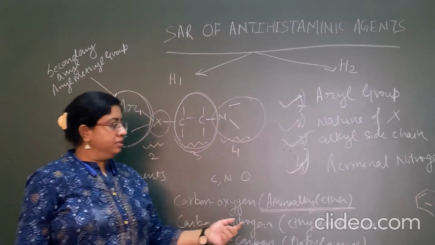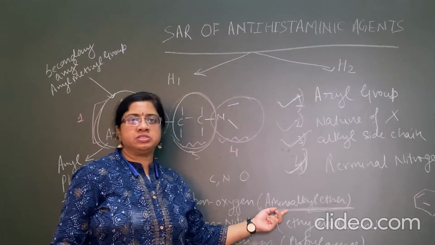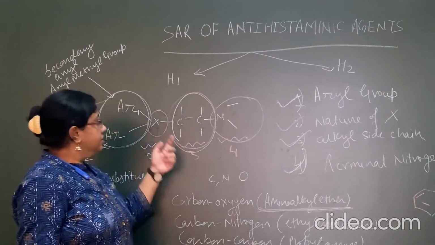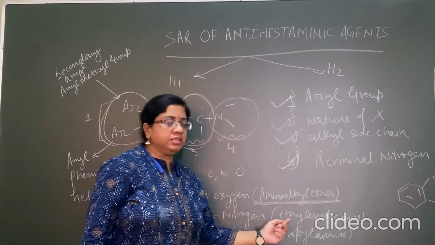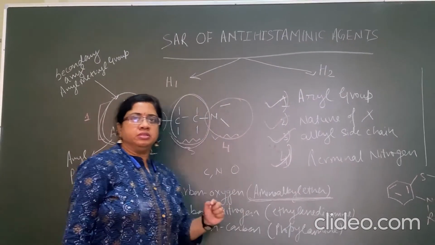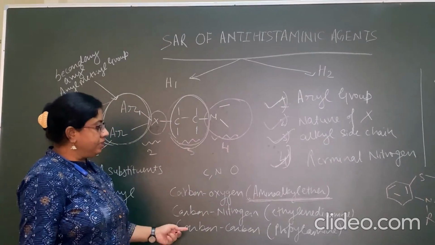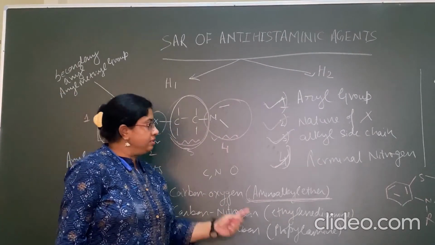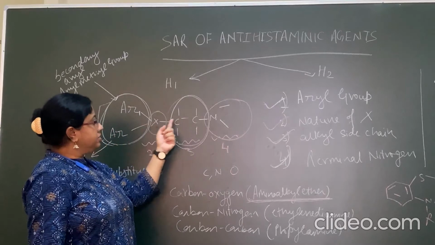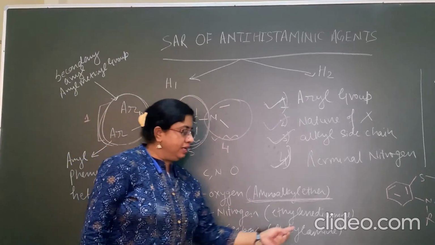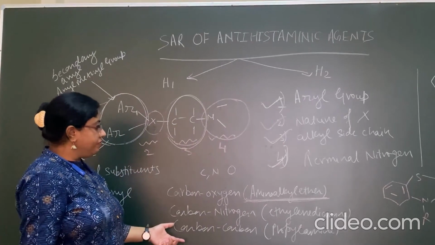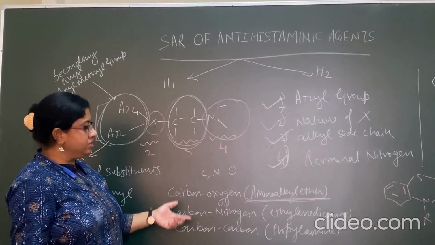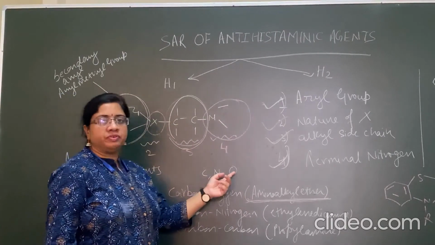We have already discussed the classification of H1 receptor antagonist. Suppose X is carbon-nitrogen, it may be ethylene diamine. Suppose X is carbon-carbon, then there are three propyl groups, so it is a propyl amine derivative. So this classifies the H1 receptor antagonist on the basis of the nature of X.